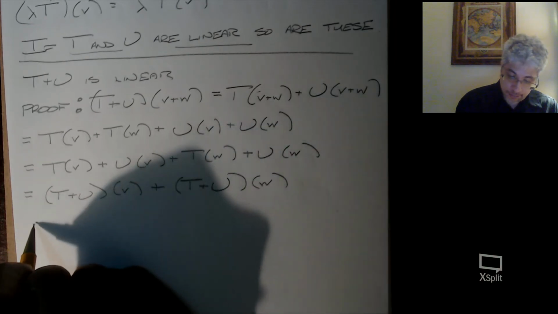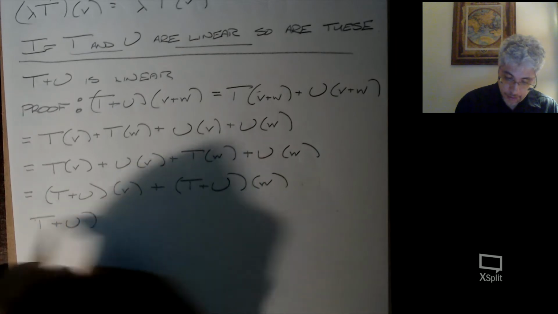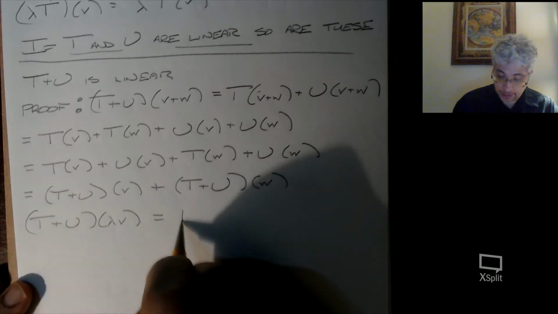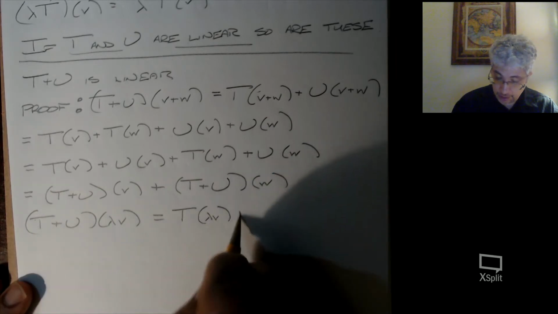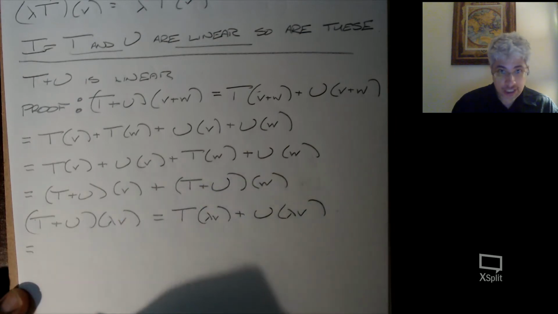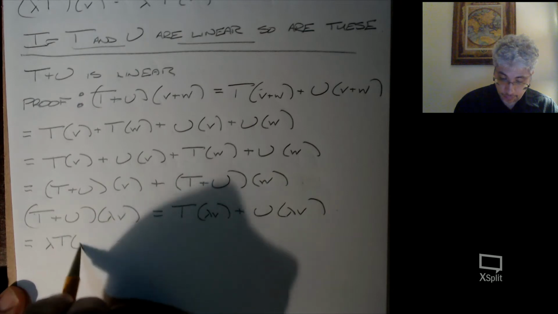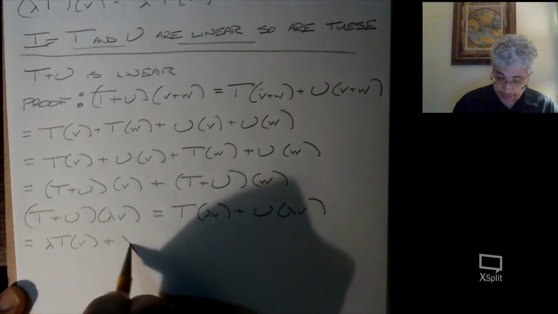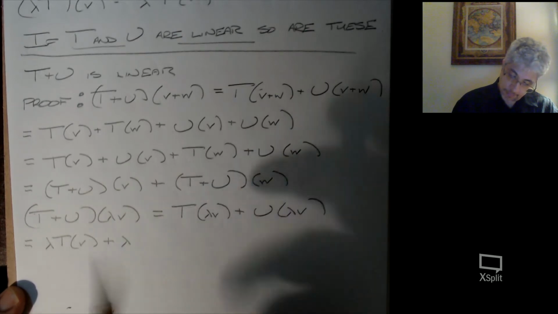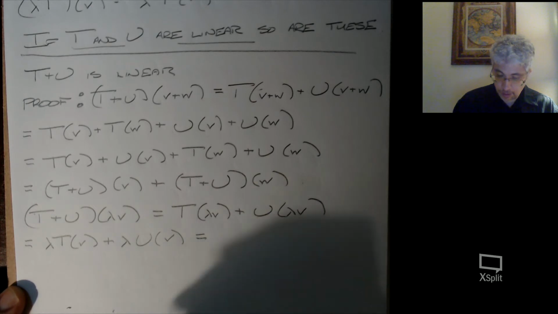Next part. Suppose we have (T plus U) of lambda v. Well, by definition, this is T of lambda v plus U of lambda v, which is equal to what? Well, T is linear, and U is linear. So now what can I do?